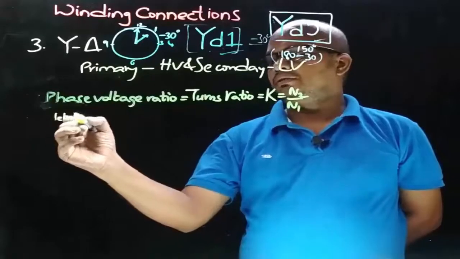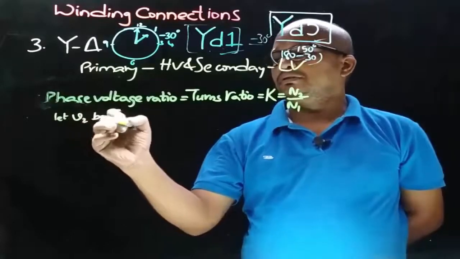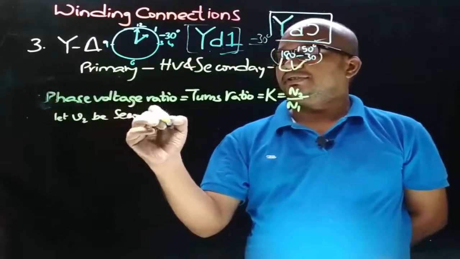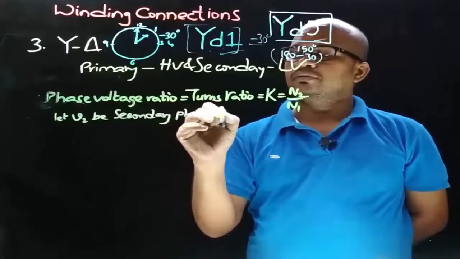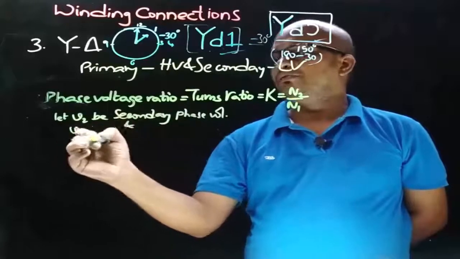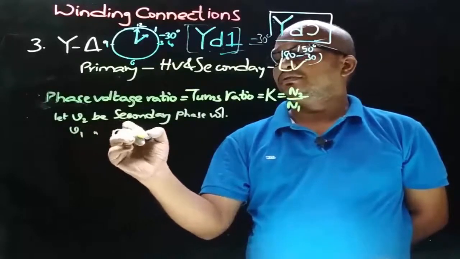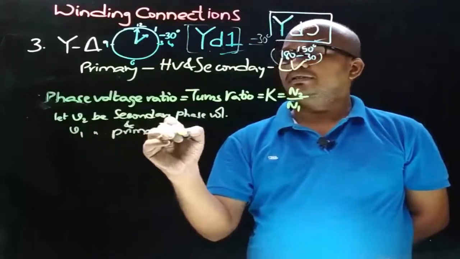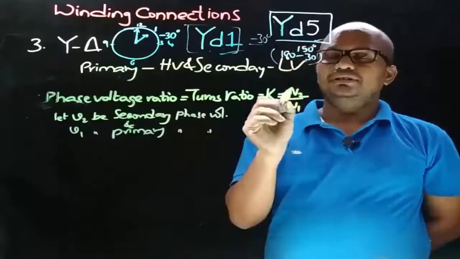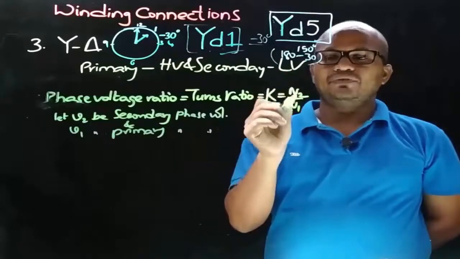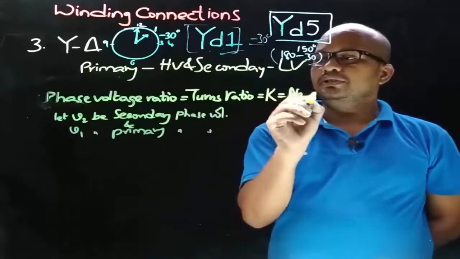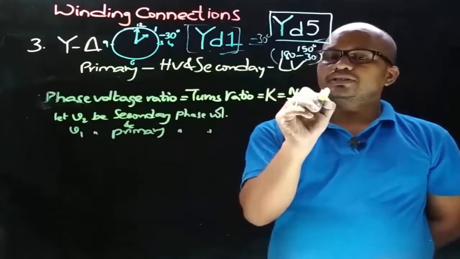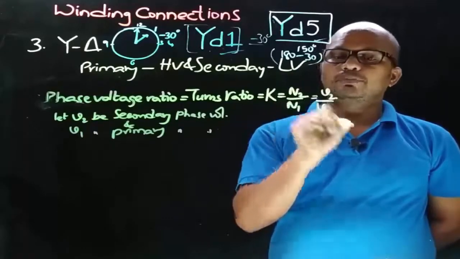Let small v2 be secondary side phase voltage and small v1 be primary side phase voltage, and here N2 represents the secondary side number of turns and N1 represents the primary side number of turns. So here phase voltage ratio can be taken as equal to small v2 by small v1.